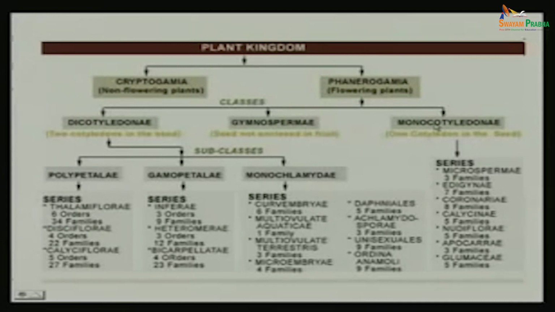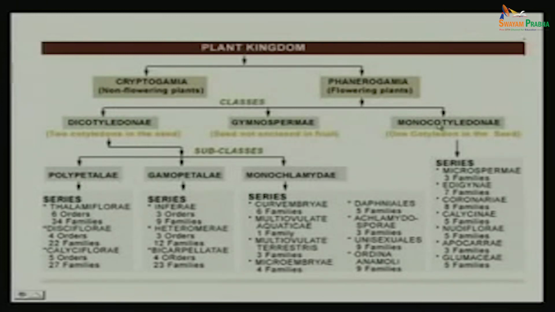Monocotyledons are those group of plant which during germination produce only one cotyledon coming from this embryo, and this is the parallel venation plant, and any type of grasses belong to this particular group.